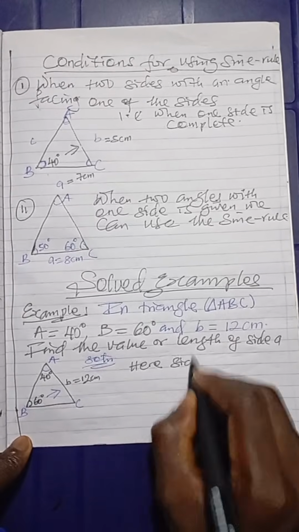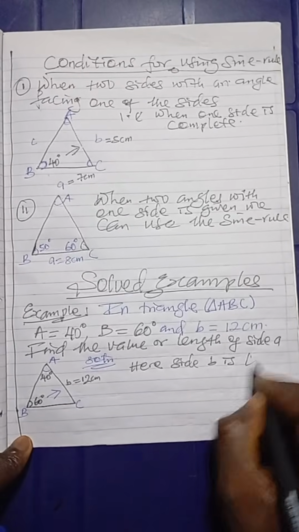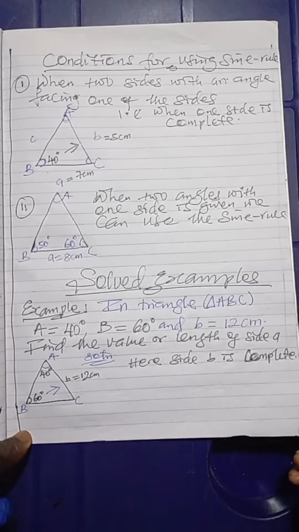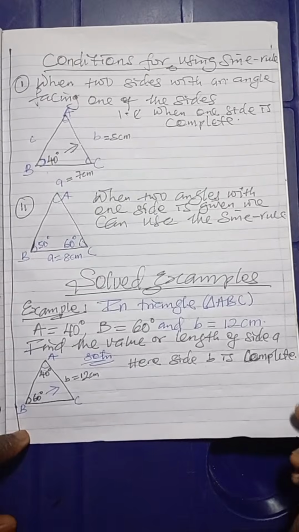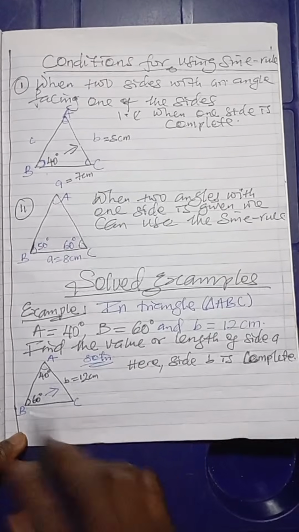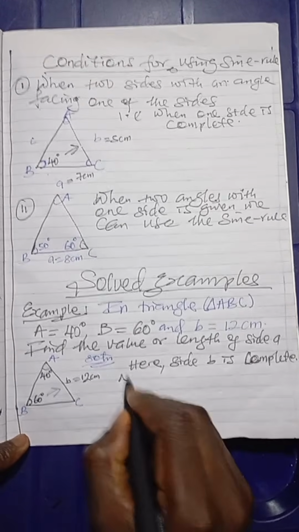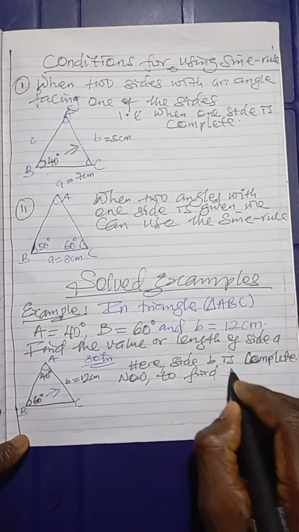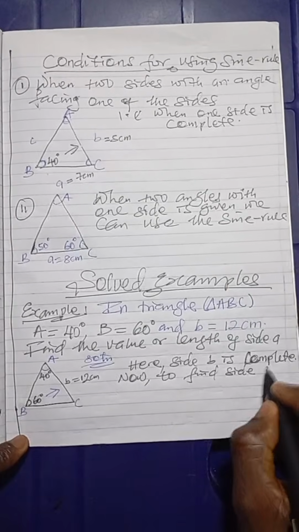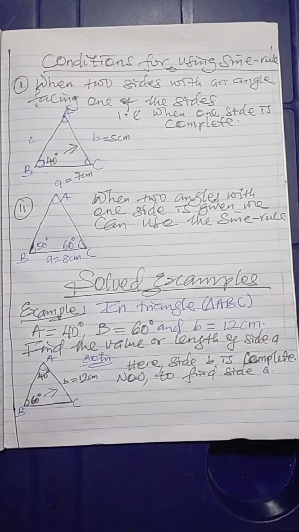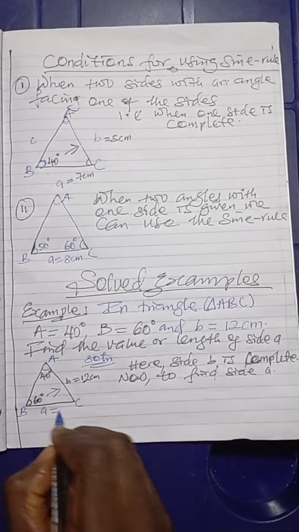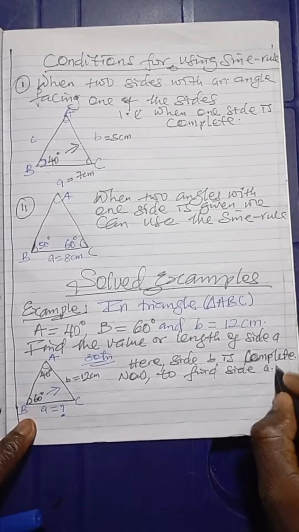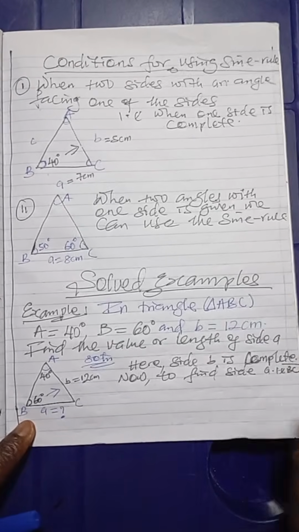To find side a, this is what we are required to find. That is BC, length BC.